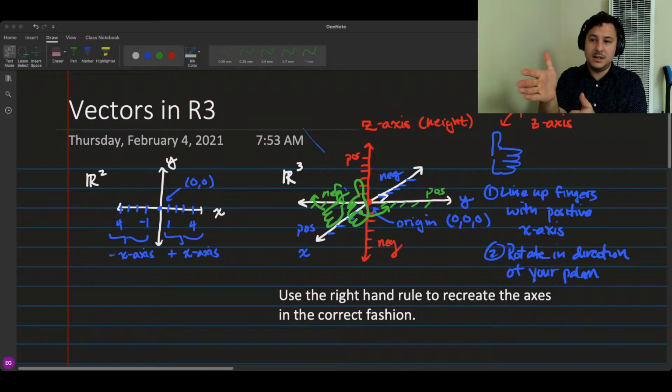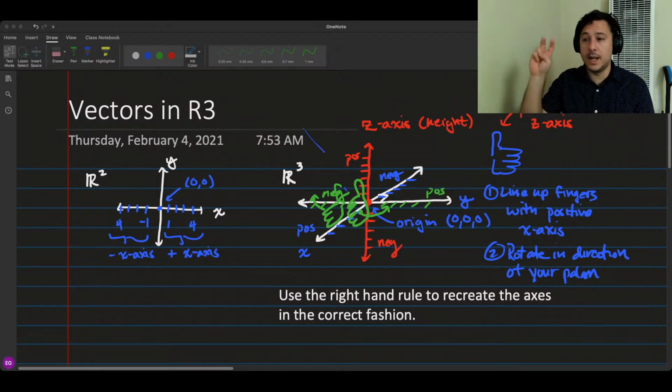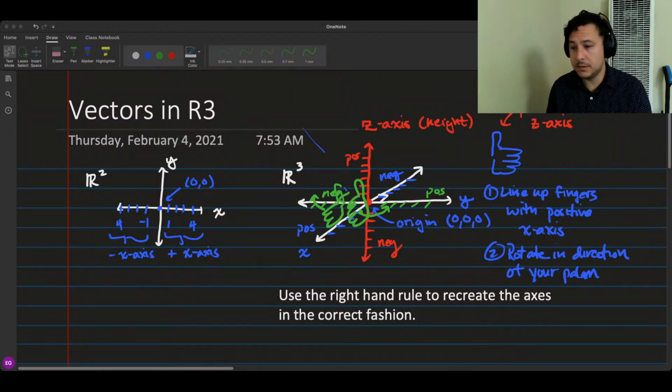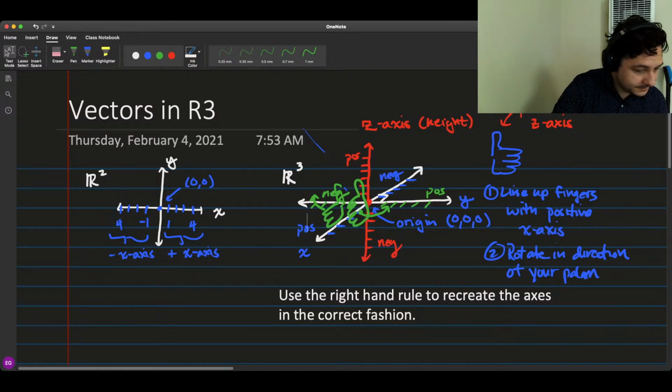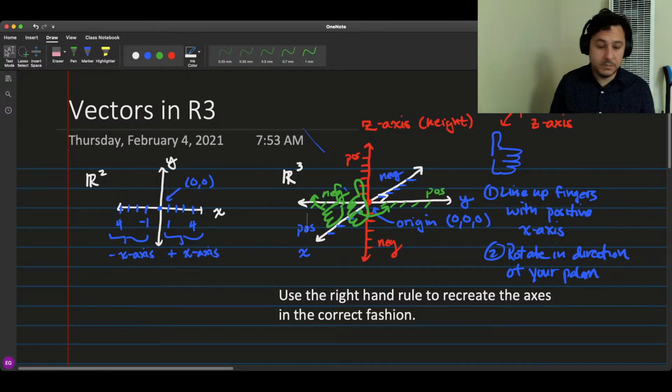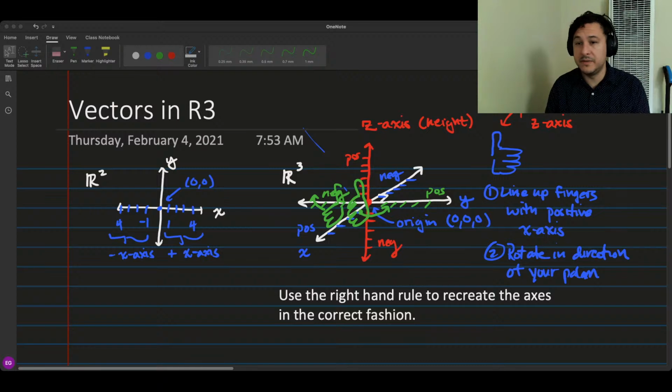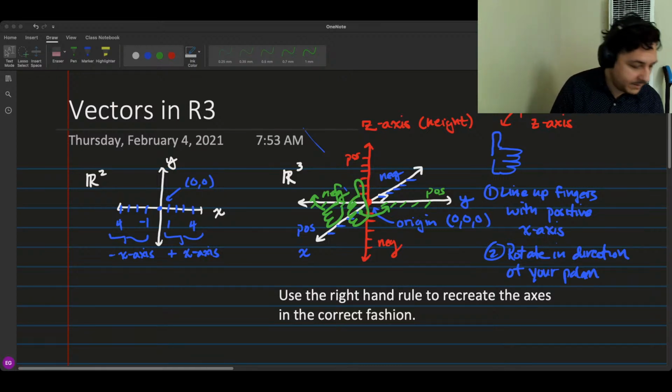You rotate in the direction of your palm, not the back of your hand. That orients you. It's actually a really good picture in the book that shows it too. So if that's not making sense, I highly recommend you look at it.